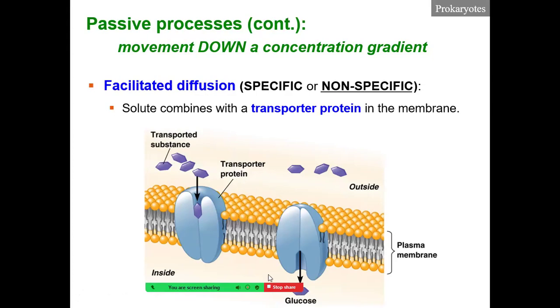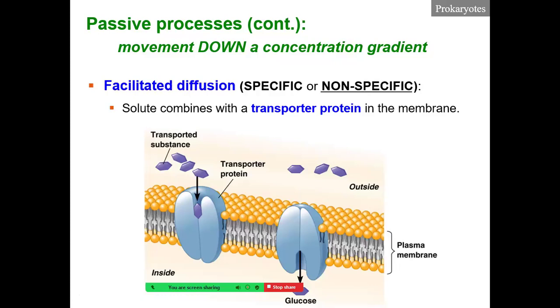And glucose is not a good example, so let me use a better example, and that would be fructose. Fructose moves into the cell by facilitated diffusion, moving through a transporter protein, and fructose moves only from areas of high concentration to areas of low concentration.